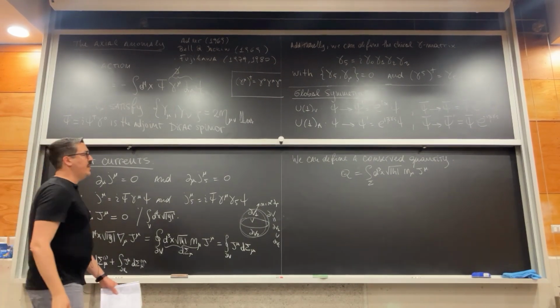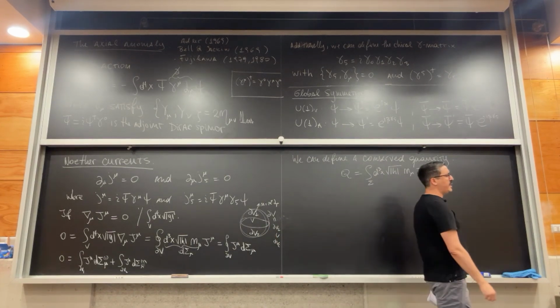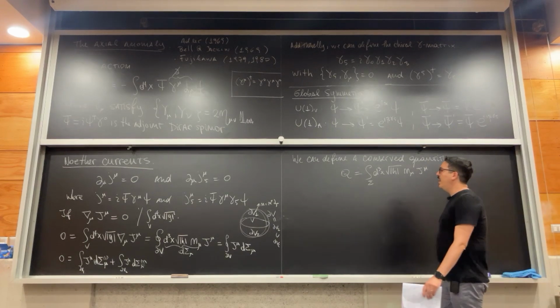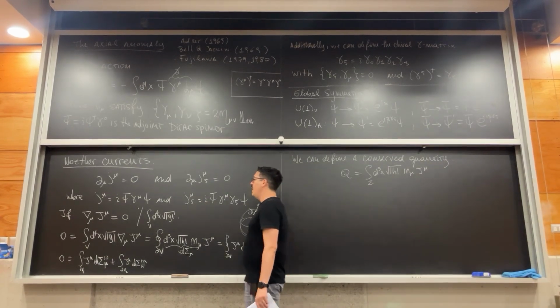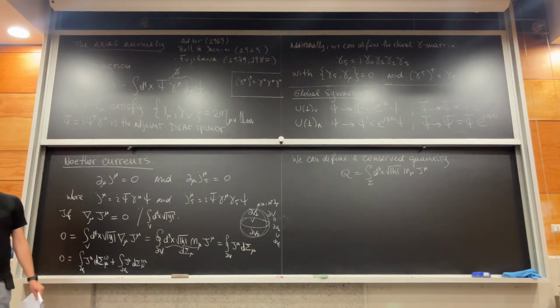And it is customary to assume that Σ is a Cauchy hypersurface. This means that it is crossed only once by a time-like curve.